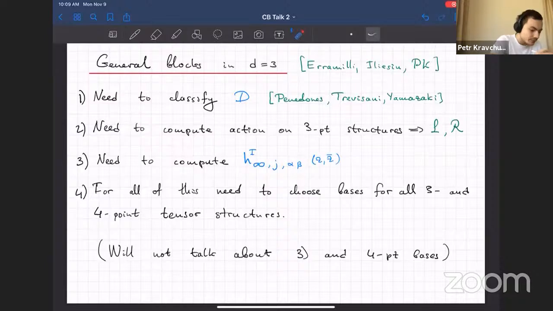First of all, from the discussion that we had of these recursion relations, to get to this point we need to understand when the poles appear, and what the differential operators are which come together with these blocks. Part of it has been covered in a paper by Penedones, Trevisani, and Yamazaki, but they mostly classified the scaling dimensions.